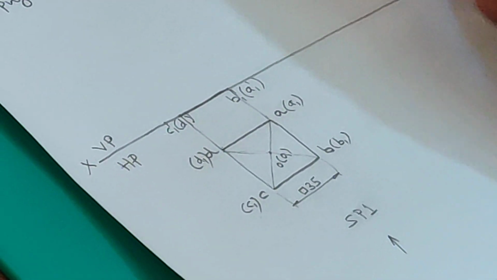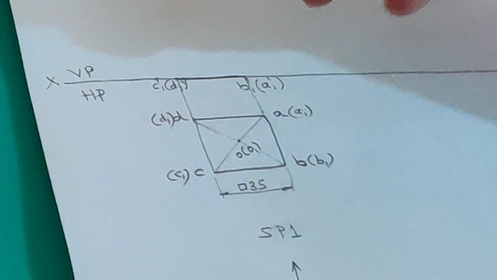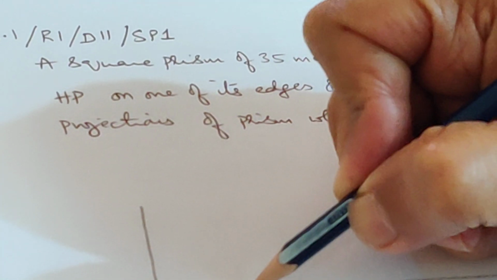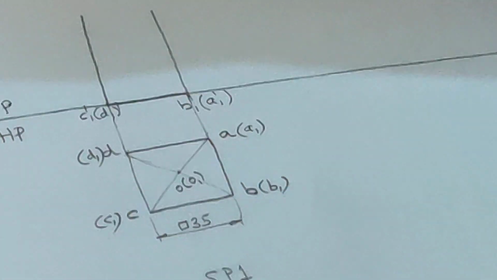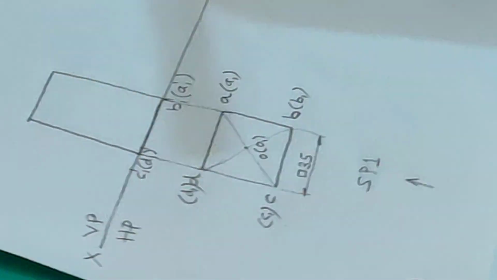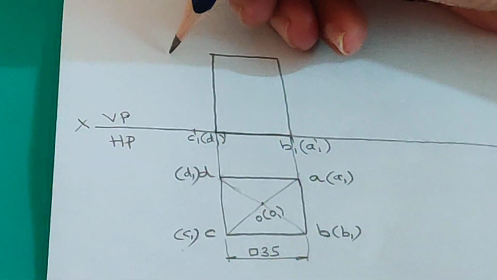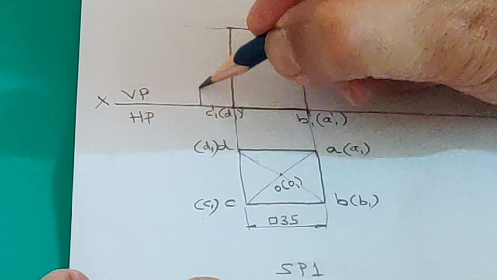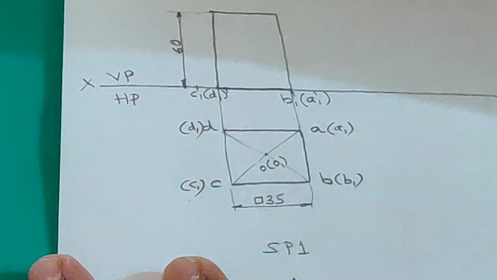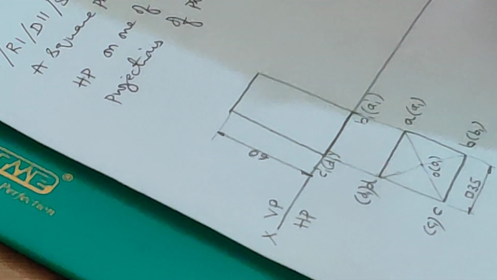Now you can take the height. The height is given as 60 mm. So I will take the height as 60 here. The front view of the prism appears to be a rectangle. So this dimension is 60. Now this is the top face.